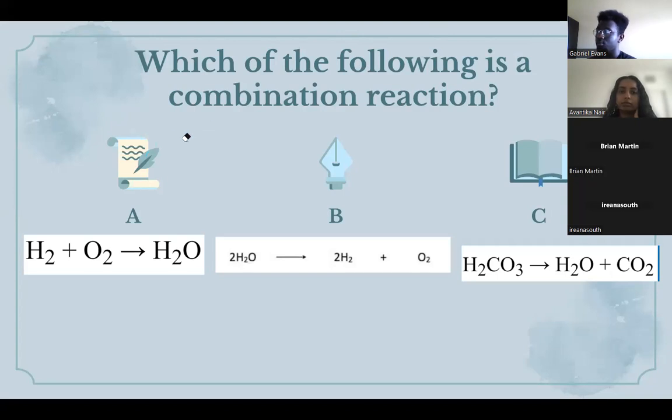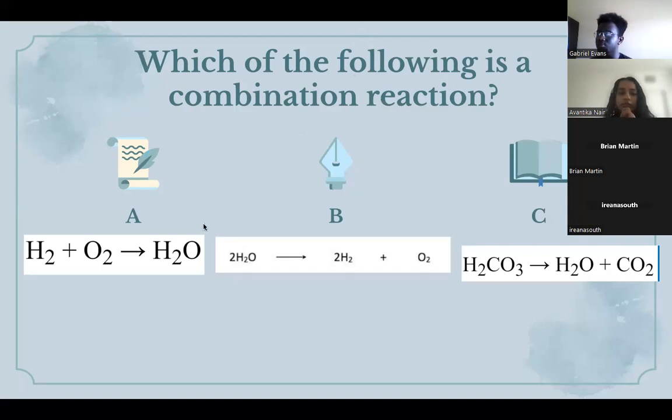Sure. So, I'll just start off with B since we know A's, right? If you're looking at B, you can see that it kind of separates into 2 compounds. So that's how you know it'd be decomposition. And then if you look at C, it splits off into, what do you call it, a double replacement. Well, actually, wait, no, single replacement. Sorry. So if you look at A, you see that A just combines, so you know A is a combination.